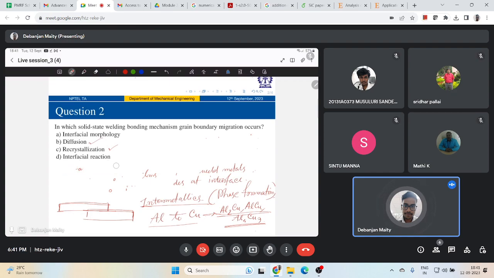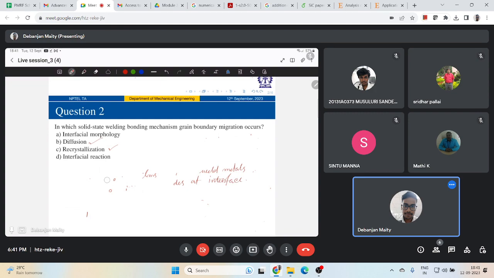Then you have interfacial morphology. What is there in the interfacial morphology mechanism? And in which welding technique can I see this kind of morphological change over the interface?